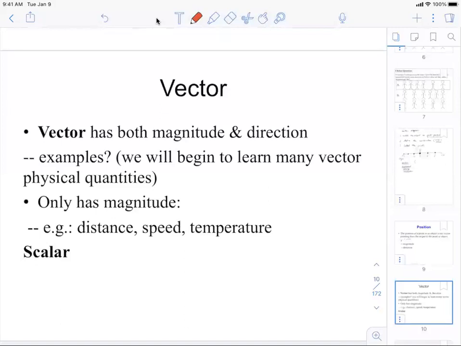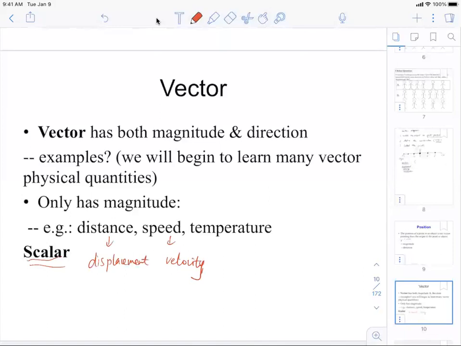So distance is different from displacement. Speed is different from velocity, because velocity has a magnitude, which is speed, but velocity also has a direction. And temperature, for example, is just a number. There is no direction. It doesn't make sense to talk about the direction of a temperature, right? So these are called scalars. These have only magnitude, but no direction.